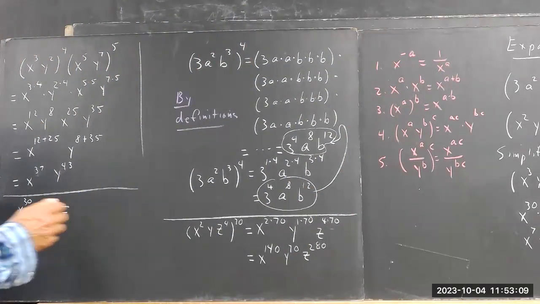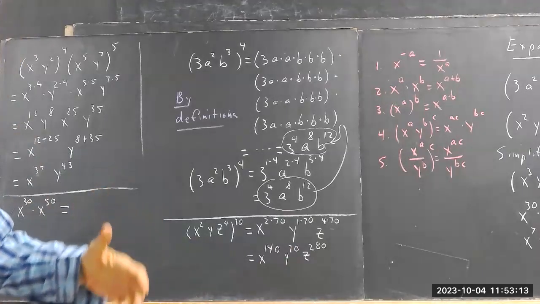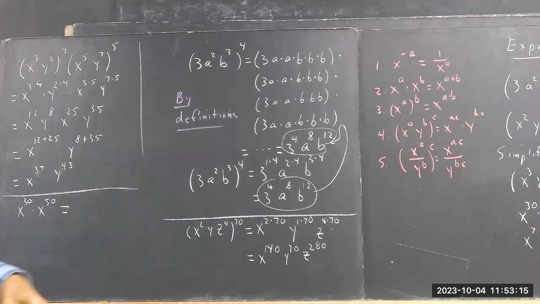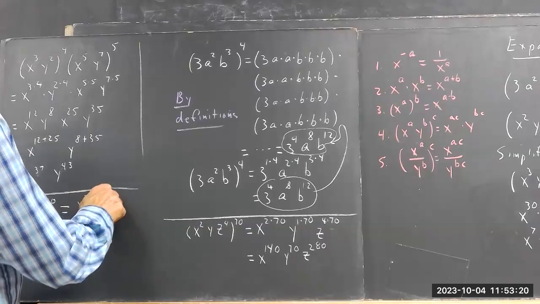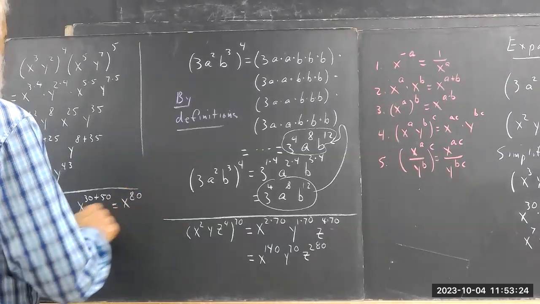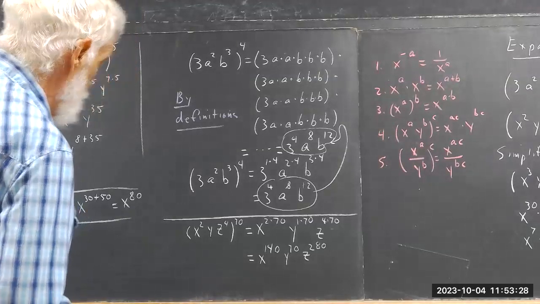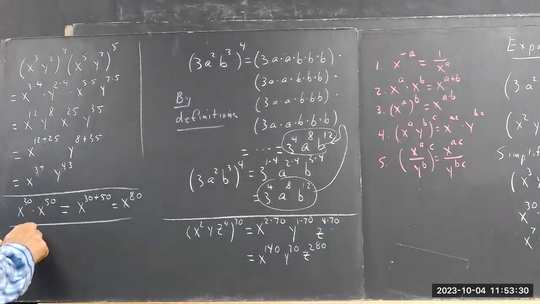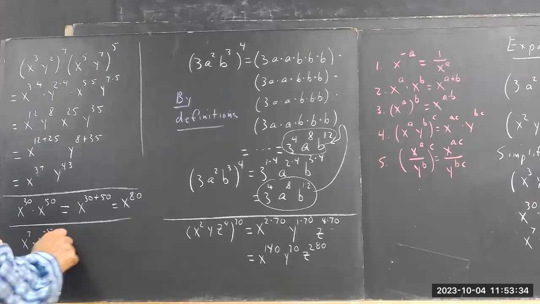And you can visualize it. You could write out 30 x's and then you could write out 50 x's. And you'd end up with 30 plus 50, and that's 80. So this is x to the 30 plus 50, which is x to the 80. That's very good. And then x to the 7th times x to the negative 5th.